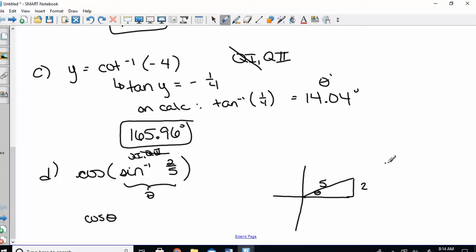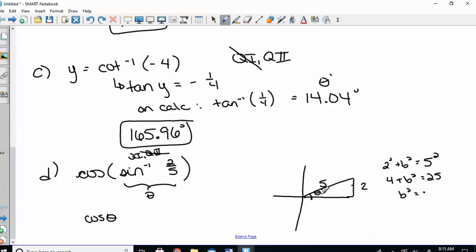So now we have to find our missing side. I know the Pythagorean Theorem, but how do you know where to apply the sides? SOHCAHTOA, sine is opposite over hypotenuse. So from this angle, the opposite side is your 2.